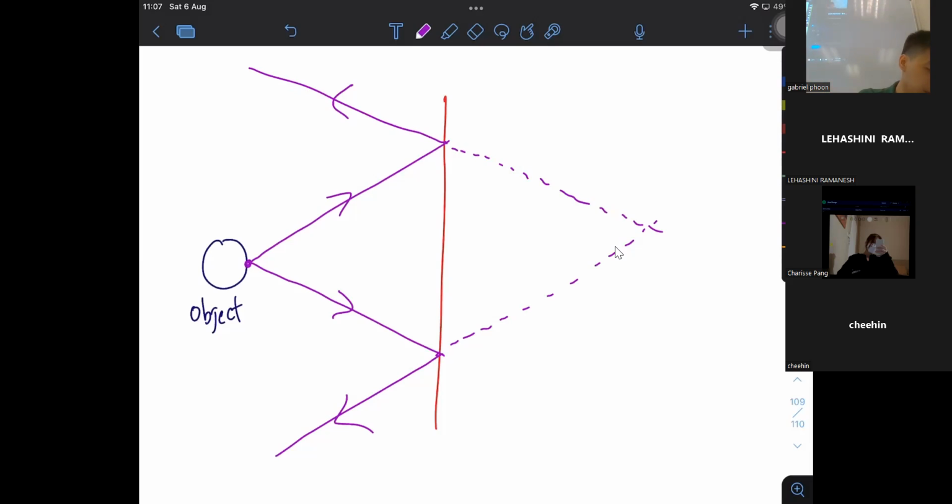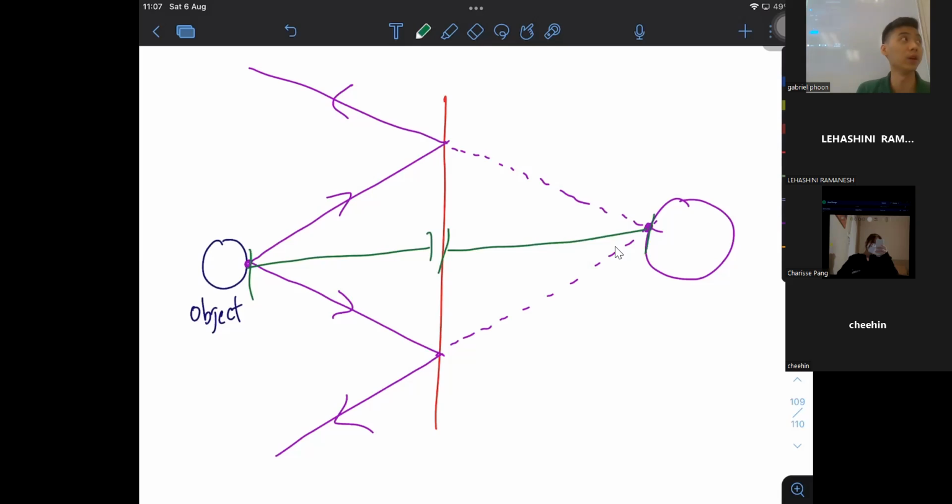In other words, this is the point of interest of the image, and this is exactly the image; they are supposed to be the same thing. It's just poor illustration skills, but you guys must know this. This is a very, very common question in your IGCSEs. A very common mistake that students make is that when they draw the image here, they don't know that the distance from here to here should be the same as the distance from here to here.